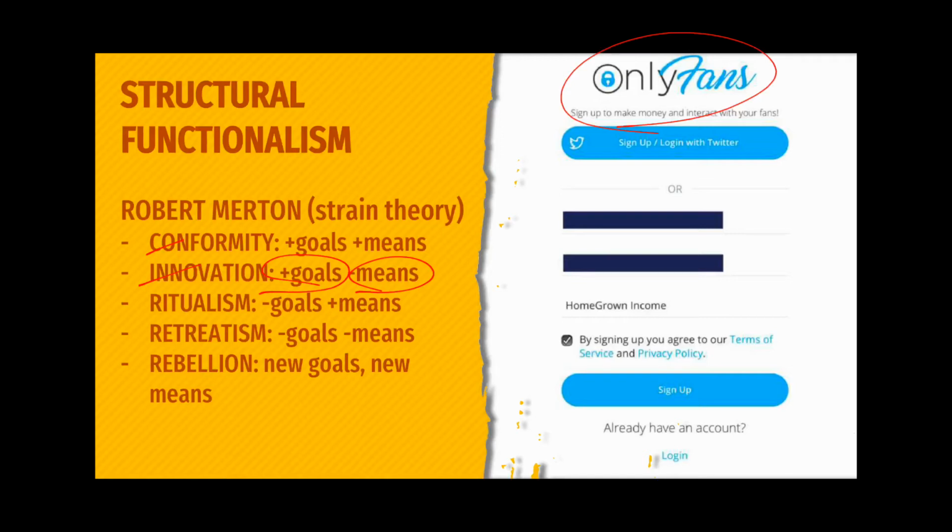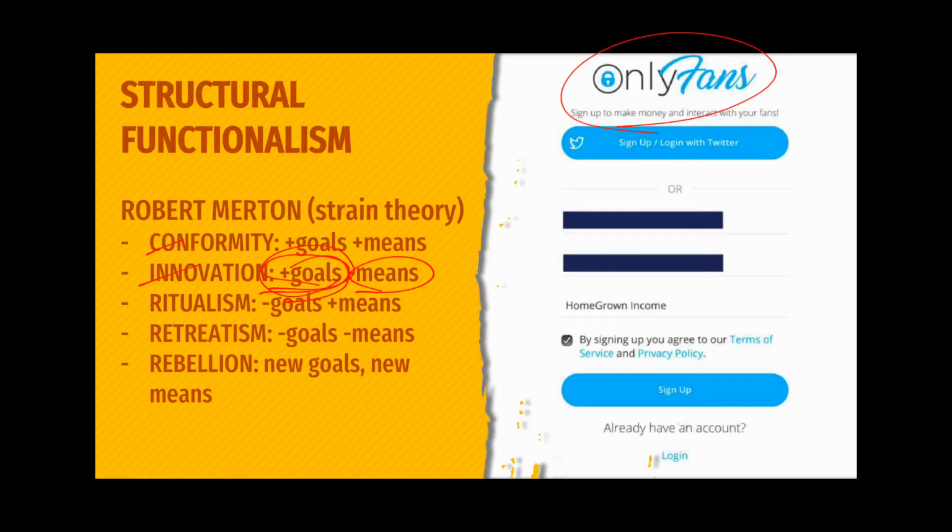So some people still feel that the goal should be to get financial stability or to be successful in life, but they don't have the means to do it, so they get into deviant modes or behaviors to be able to achieve those goals.